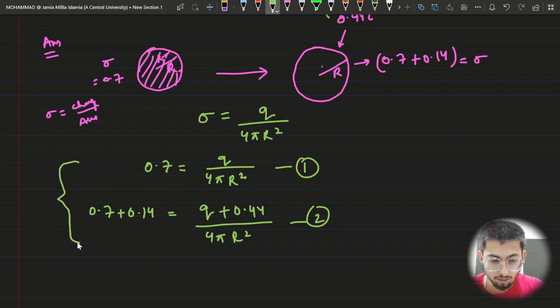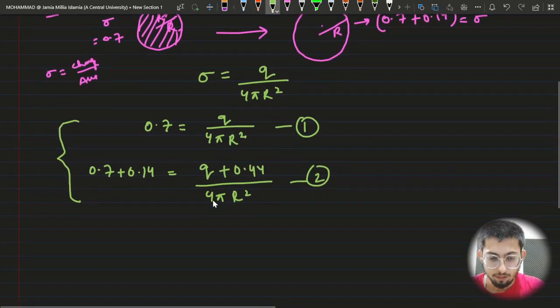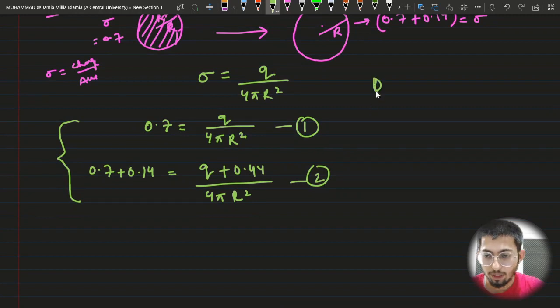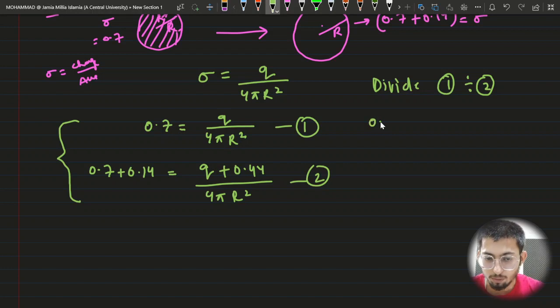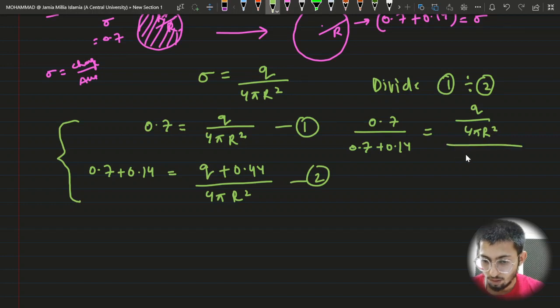Now what can we do using both of these equations? We can divide 1 by 2. So 0.7 divided by 0.7 plus 0.14 is equal to q upon 4 pi r square divided by q plus 0.44 upon 4 pi r square. So this cancels out.